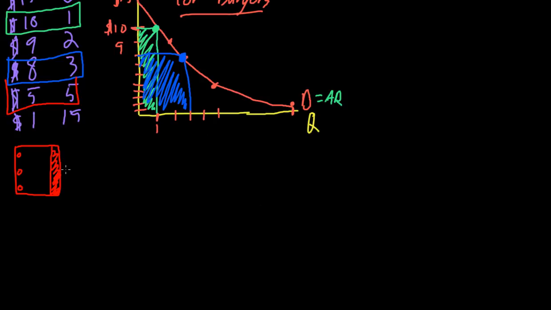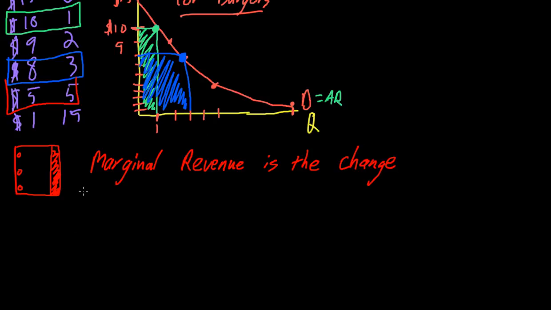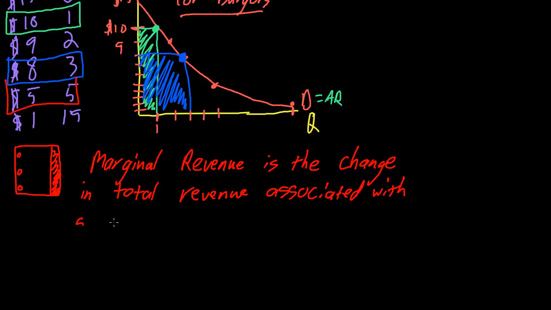So marginal revenue, and I'm just going to write this out because I think it is hard enough to follow anyways without just having to listen to a voice. Marginal revenue is the change in total revenue associated with a 1 unit increase in quantity.